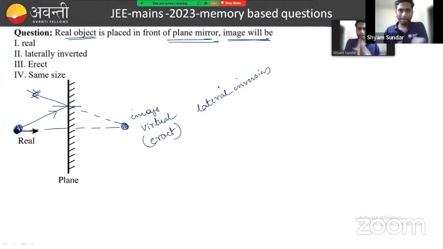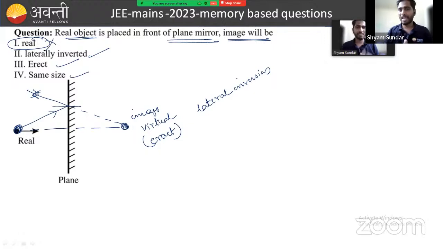Right? And then find out the answer. If you are standing in front of the mirror, your exact size will appear inside the mirror. Obviously your size will not become bigger or lesser than you are. So it's the same. Hence we can say here it's a laterally inverted image, erect and same size, but not real.